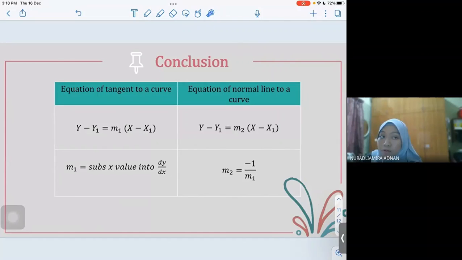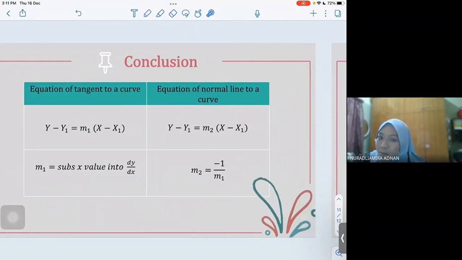In order to find m1, you need to substitute the x value into the differentiated equation. The equation of the normal line to a curve is y minus y1 equals m2 times (x minus x1). To find the gradient of a normal line, you need to take the negative reciprocal of the tangent gradient. That's all for me.